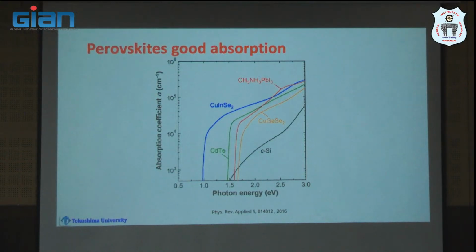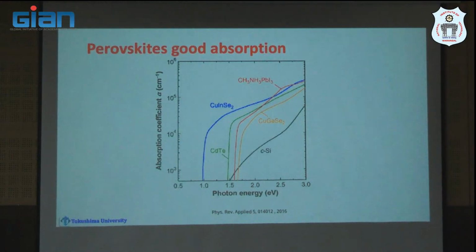Good absorption means if solar energy is absorbed, then voltage will be created fast. All light energy should be absorbed. That is the principle of solar cell. If all light energy is absorbed, it can be used for creating electricity. So this is the good material.